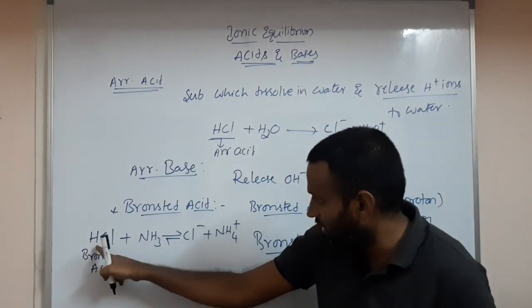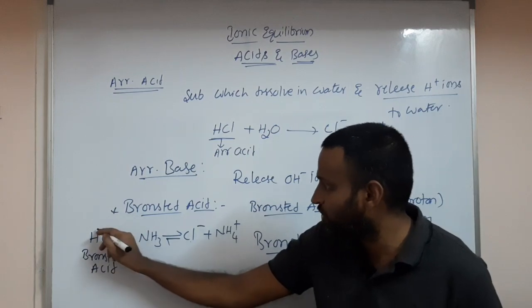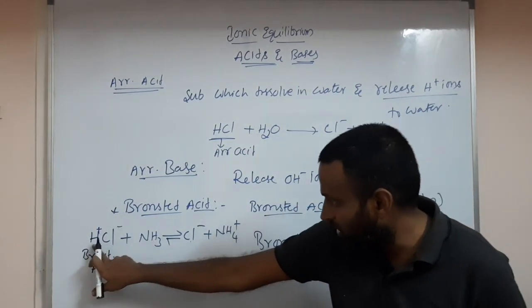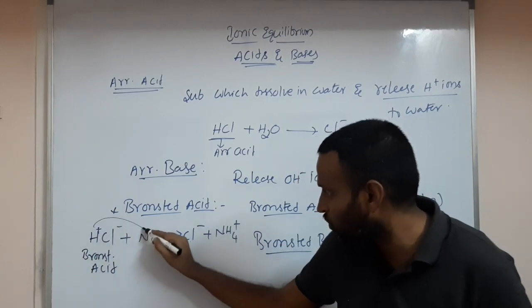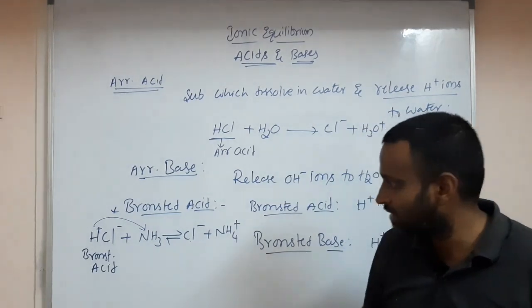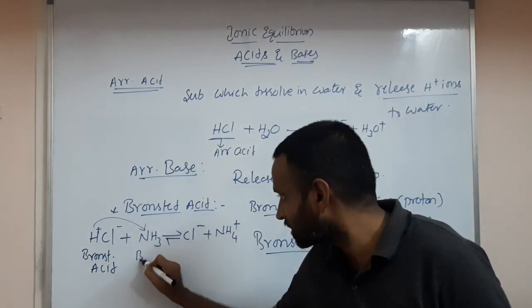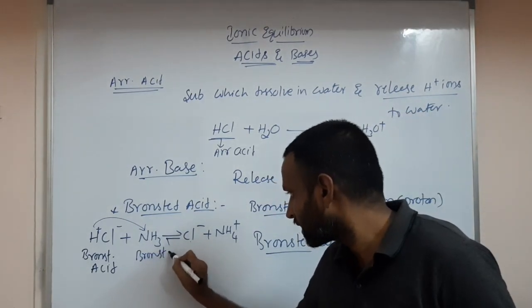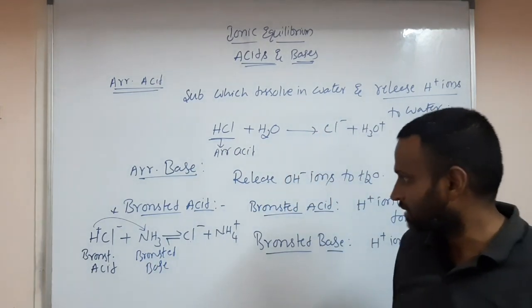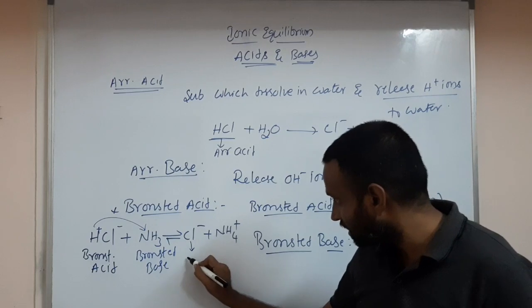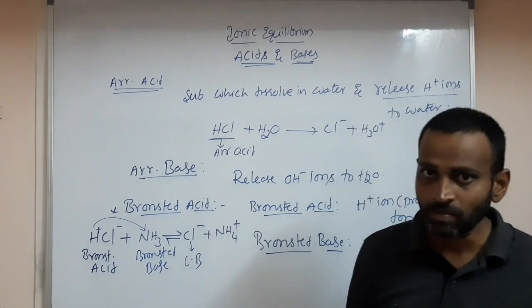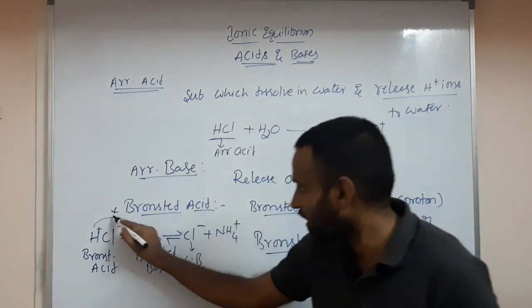See, if you see HCl here, H plus and Cl minus. So it became Cl minus, so that H plus is donated to NH3. So this HCl is a Bronsted acid, this NH3 is a Bronsted base. This Cl minus is now the conjugate base. What is that? Conjugate base.